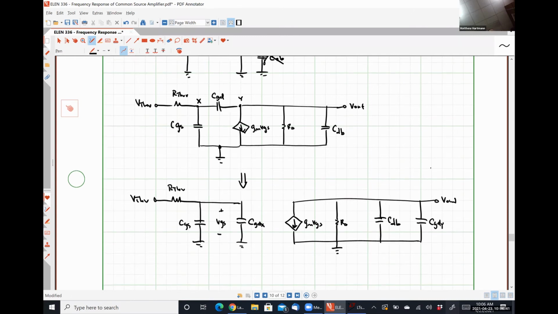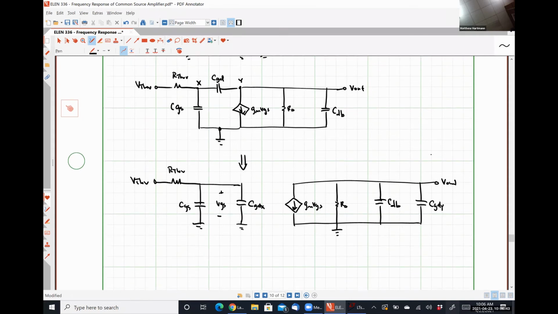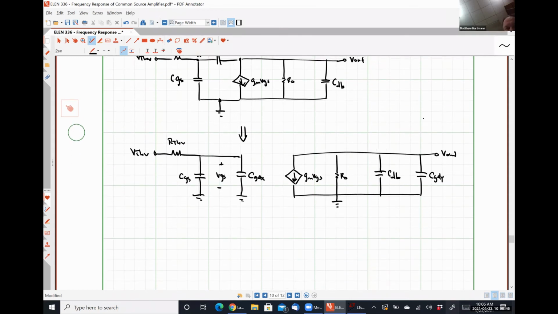Where I just want to be clear, using the Miller theorem, the impedance 1 over S CGDX is the same as 1 over S CGD times 1 minus the voltage gain of our circuit.